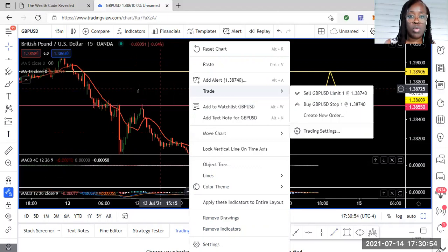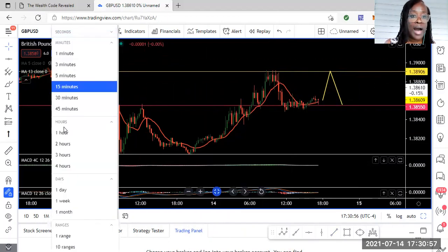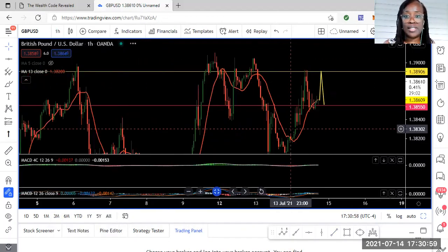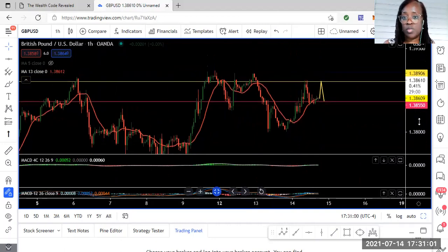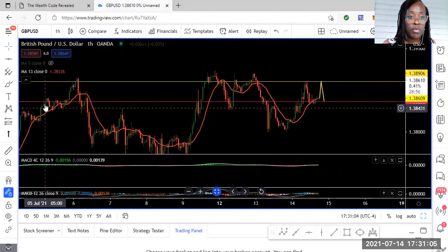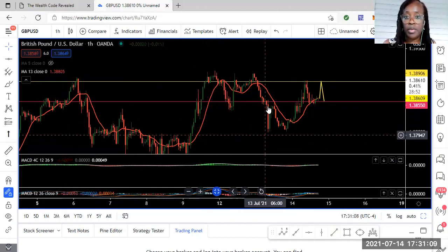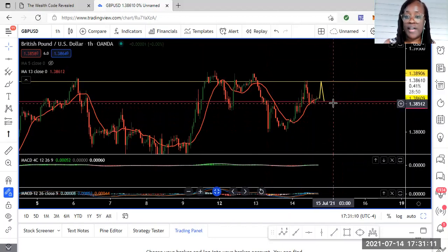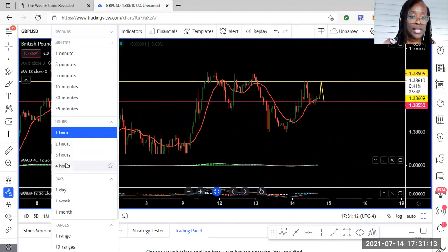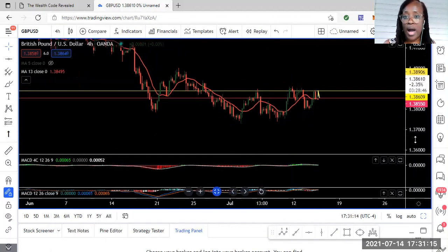So I'm going to color code this one, and then we're going to go to the hour to check this area to see if price responded here as well. So we definitely see where price responded here. We see where price played around in here, right up in here. So this is definitely structurally sound. So let's see what it did on the 4 hour.